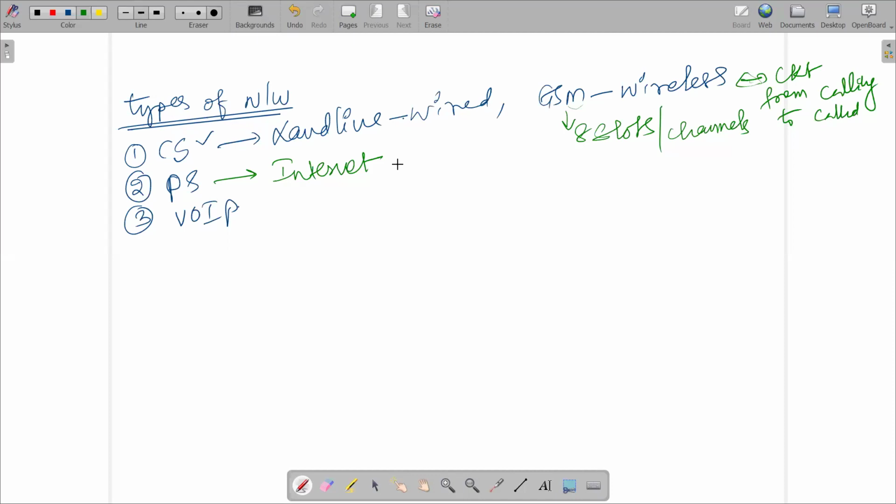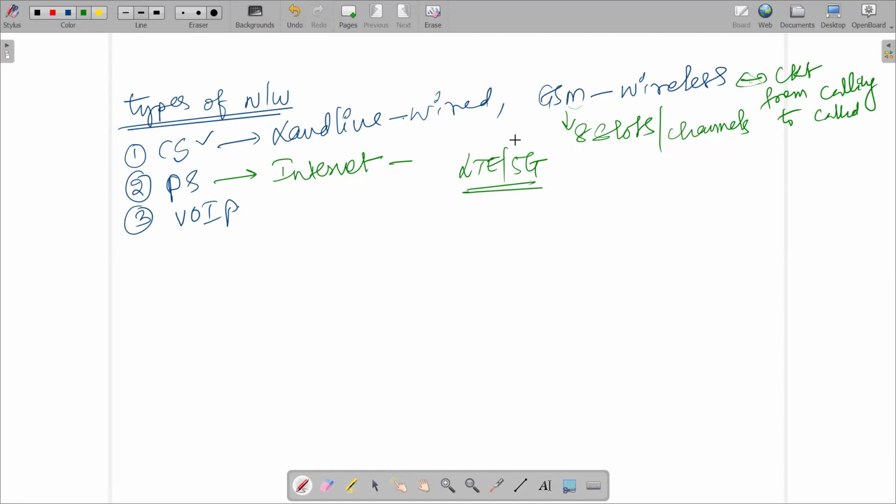So then we have seen wireless examples as LTE or 5G. When it comes to LTE and 5G, both are packet networks. When it comes to packet communication, there will be routers, gateways, even hubs involved.